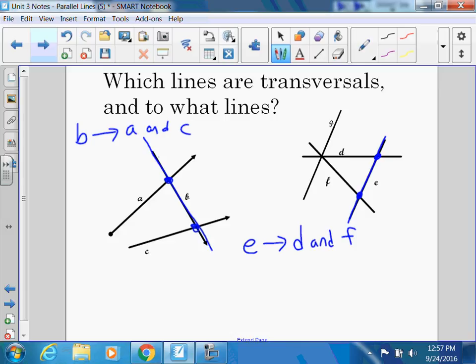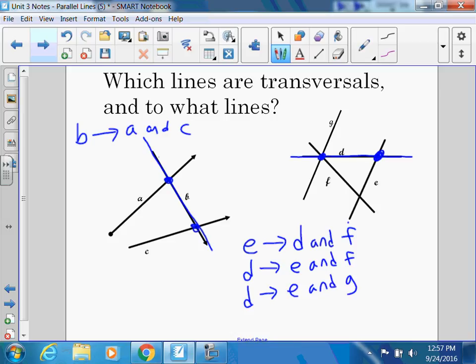Is D a transversal line? So if you look in the diagram, does D intersect two lines at different points? So here's D. I believe it intersects E, and it intersects F. So D would be a transversal to E and F. But also, is D a transversal line to E and G?